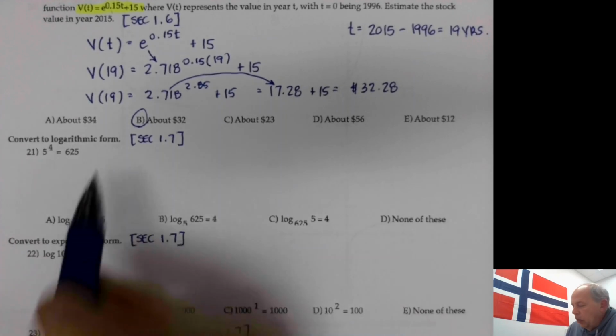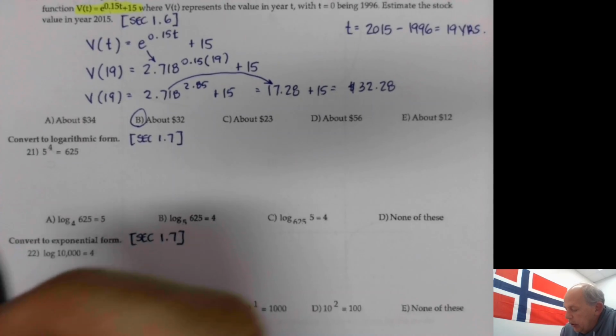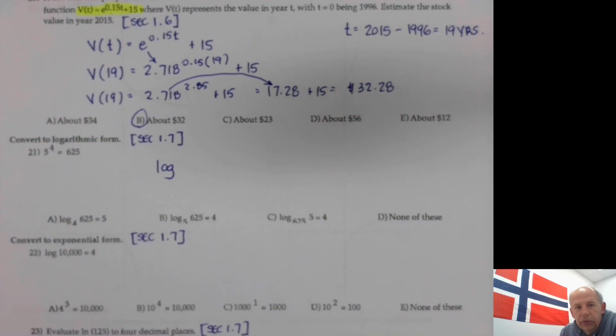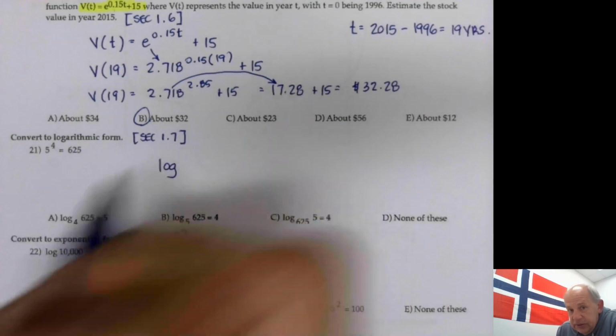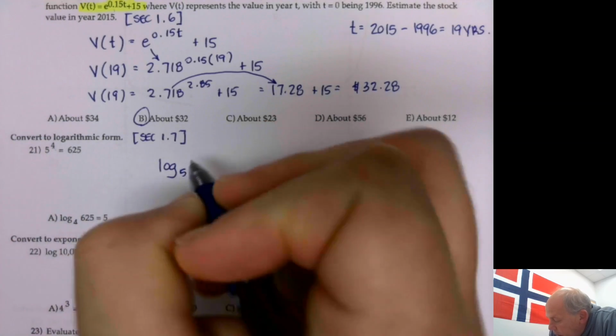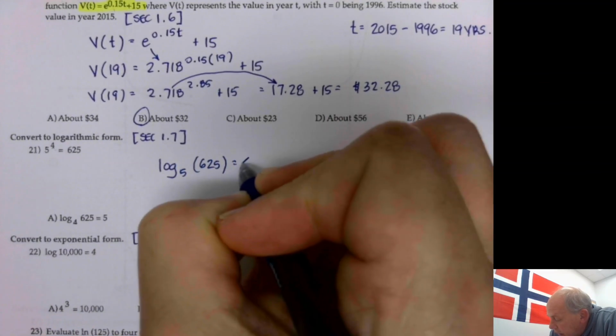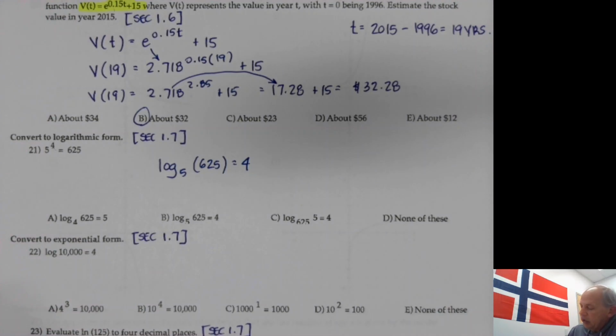Number 21, writing this exponential equation as a logarithmic equivalent. This is out of section 1.7. Log base 5 of 625 is equal to my exponent 4.